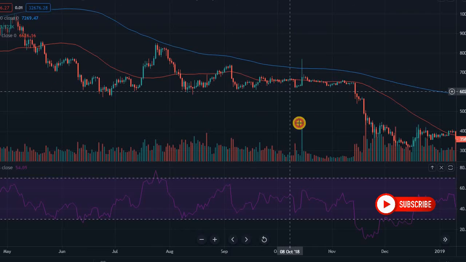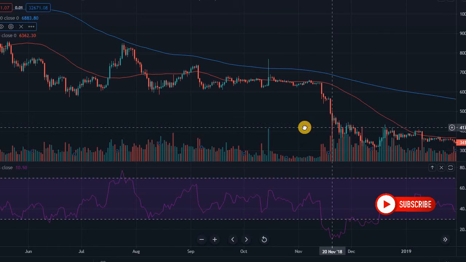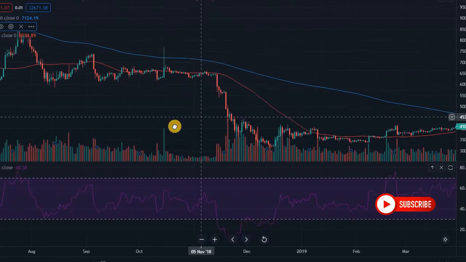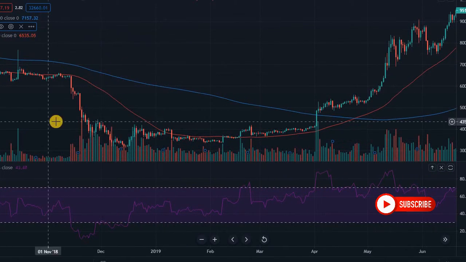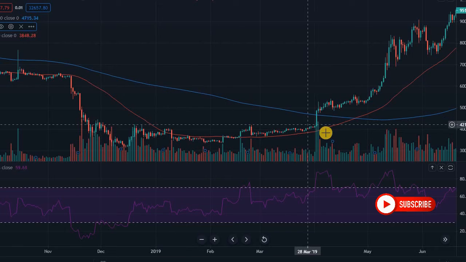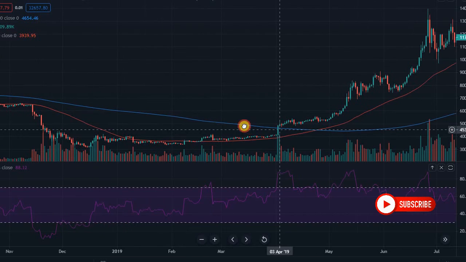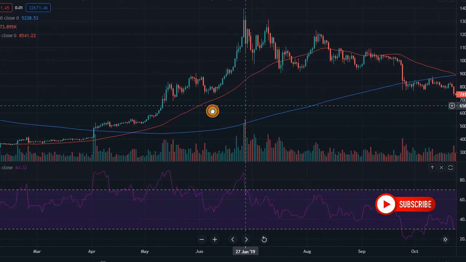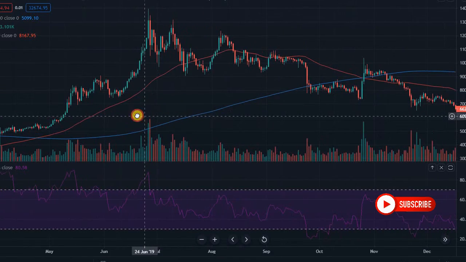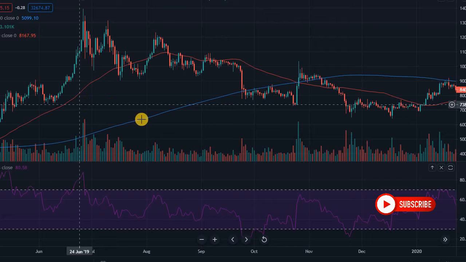Now we are seeing the 2017 charts because something we'll try to find is: are we going to follow a similar pattern? Are we going to see a similar longer bull run as it happened in 2017? Or are we going to see something like this?